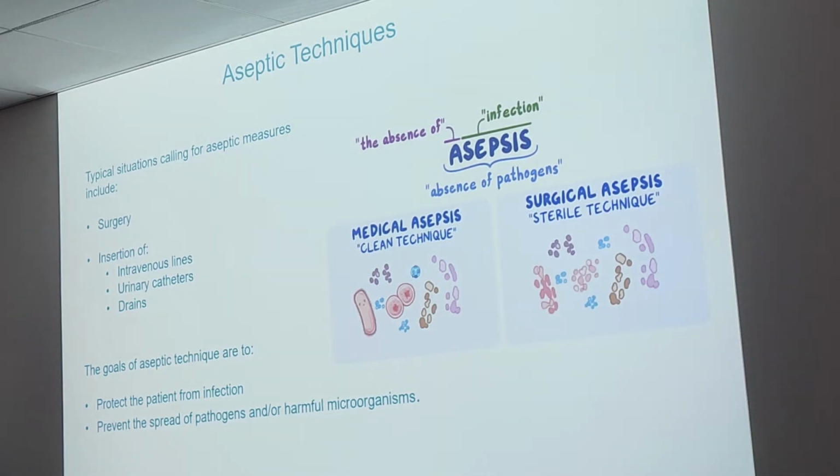And so, the goals of aseptic technique are to protect the patient from infection and prevent the spread of pathogens or harmful microorganisms. Any questions? Am I going too fast, by the way?